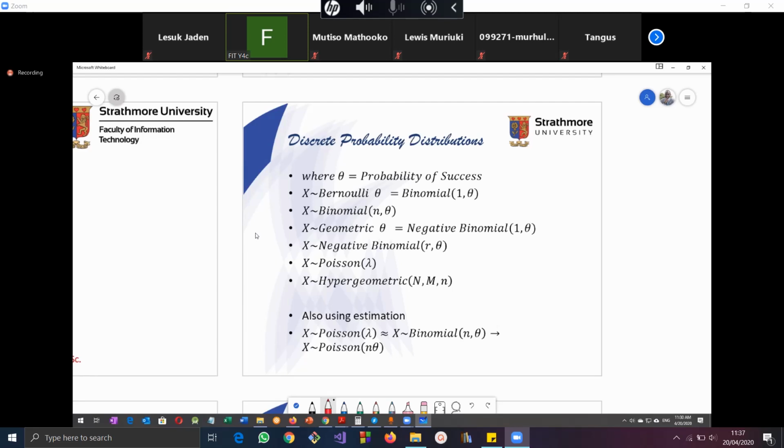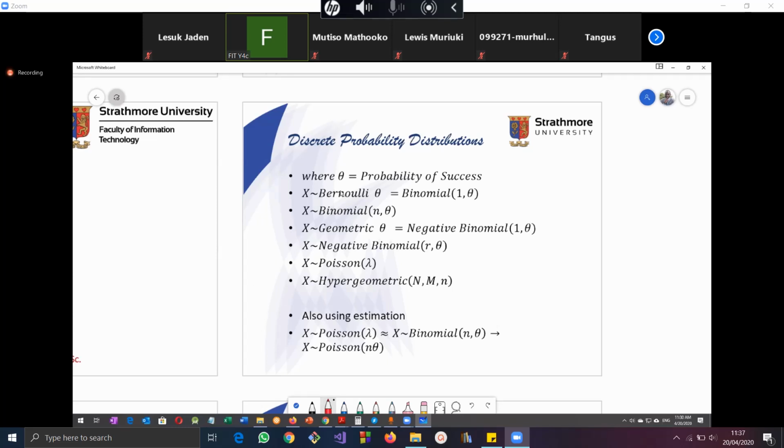So it depends on what you're studying. But basically, these are the main distributions. For example, Bernoulli, binomial, multinoulli, multinomial, etc. All those distributions are related, and it depends on what they are modeling.